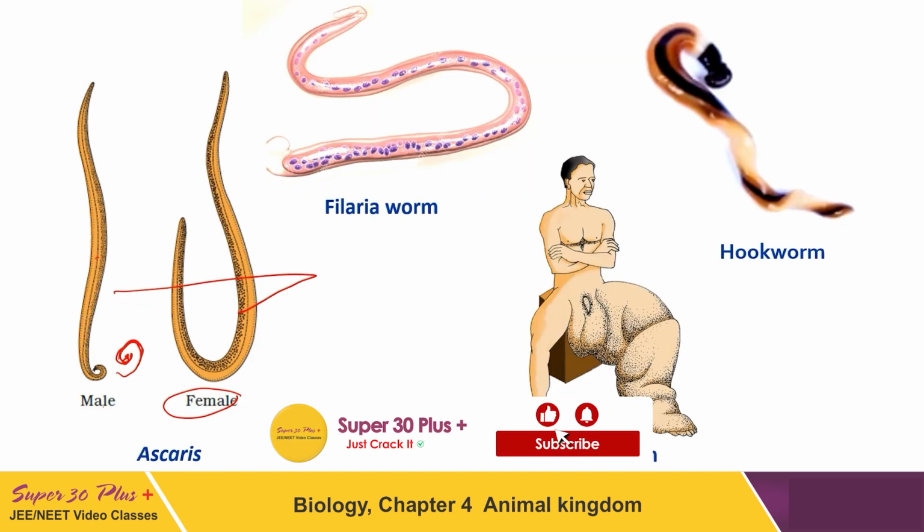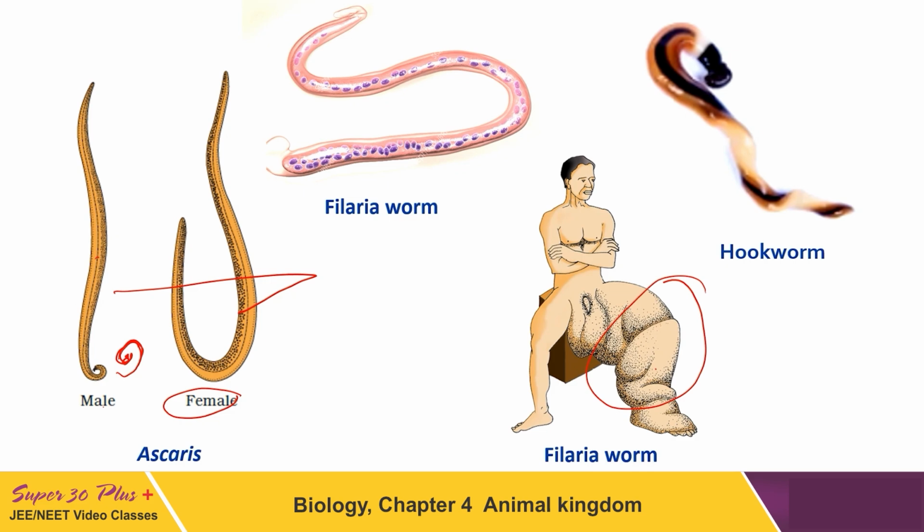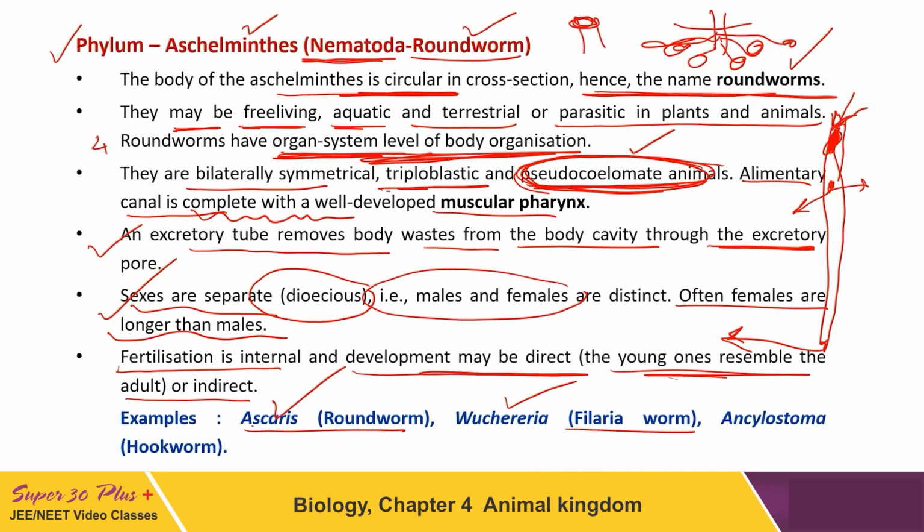It will get accumulated in our lymph, and you can see here the foot has become just like an elephant. This is known as elephantiasis disease. Can you remember it? Yes, this is because of the filaria worm. The name is Wuchereria. And the last one is Ancylostoma, hookworm.